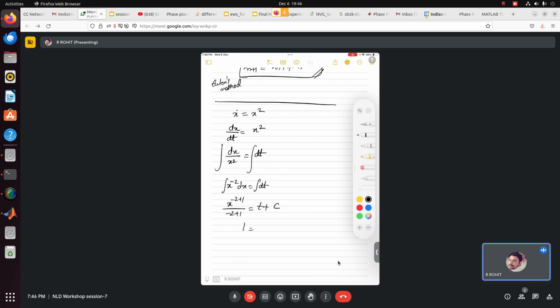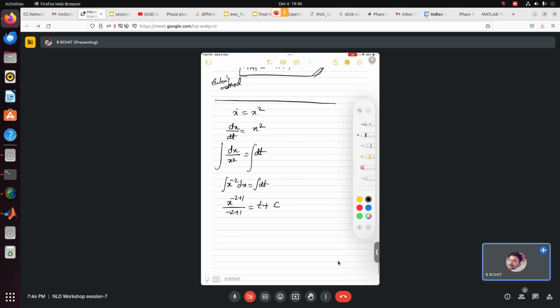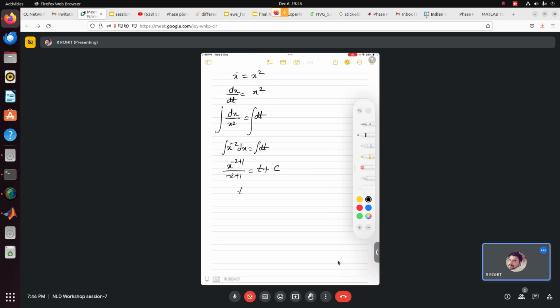So now if you are given an initial condition, you can find the value of c. So t is nothing but x to the power minus 1 by minus 1 minus c. So this is nothing but minus 1 by x minus c.